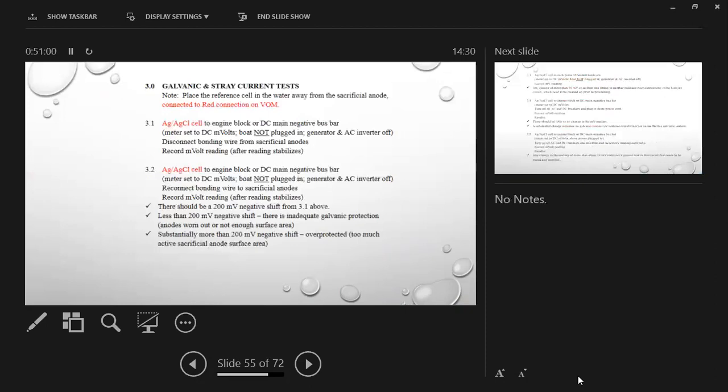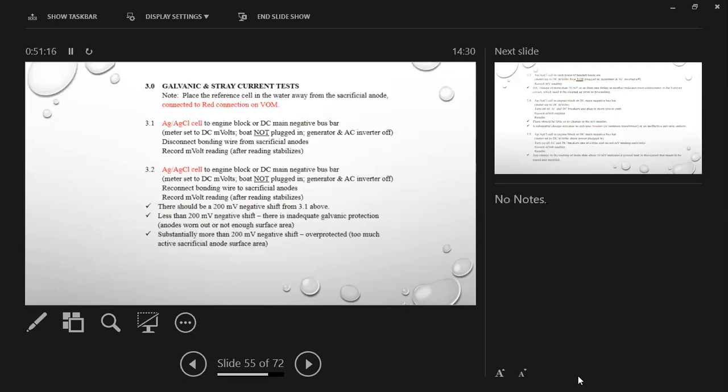Here's checking for the galvanic currents. Shore power's not connected, first of all. Then you take off your bonding, the wire to your zinc, your hull zinc. This assumes the boat's in the water.